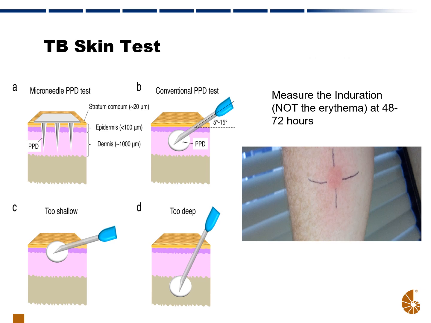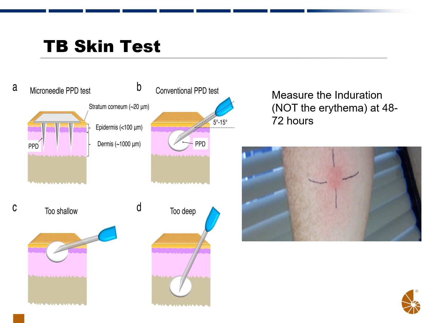How do you do a TB skin test to see if somebody has latent TB infection? You have to appropriately place the needle at the right depth in the skin in order to do a skin test. So it's not as easy as it might seem.